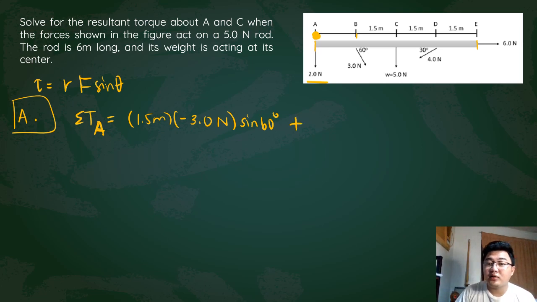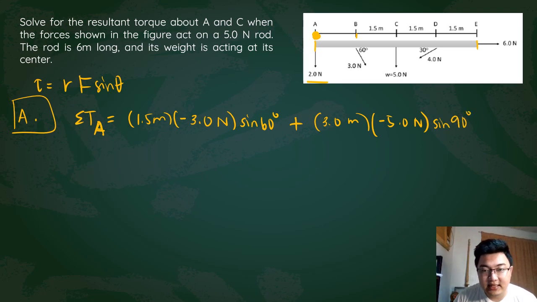Plus, now for point C, the value of r from the axis of rotation to point C is 3 meters, multiplied by the force, negative 5 newtons, again because it's directed towards the opposite direction. The angle here is sine 90.